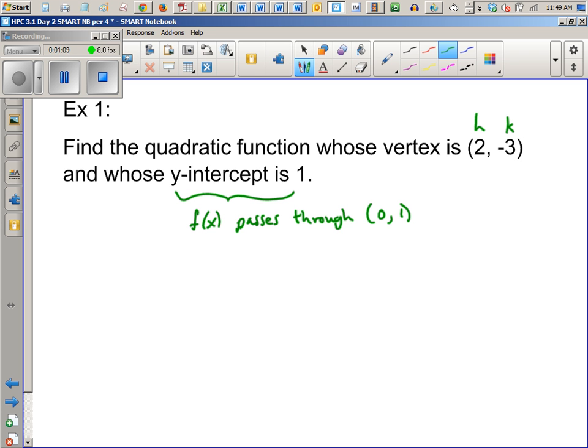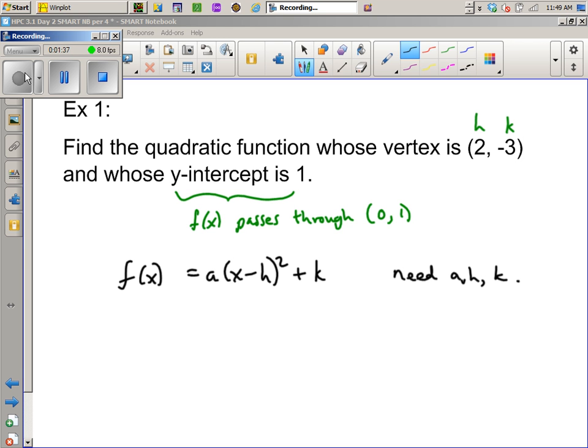Okay, so we know that the quadratic function will look like this when we're done with it: a times (x minus h) squared plus k. That's what it's going to look like. But we're going to have to figure out what a, h, and k are. They gave us h and k, so that's easy.